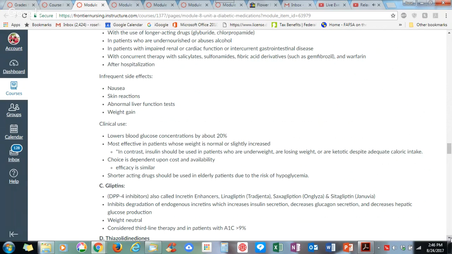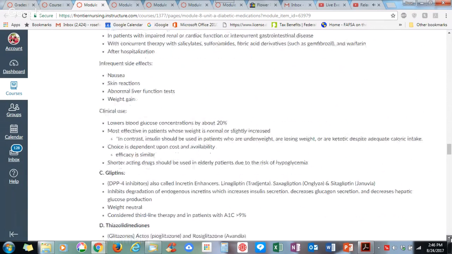There are infrequent side effects of nausea, skin reactions, abnormal liver function tests, and weight gain.